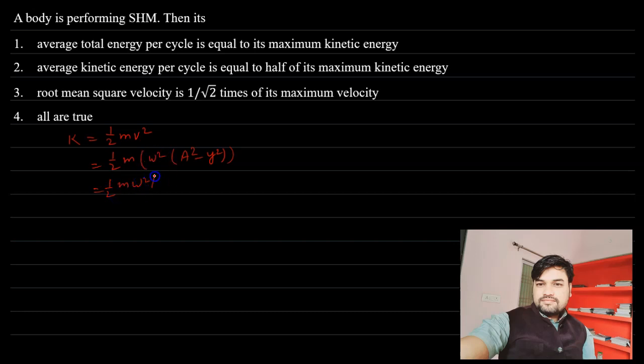Substituting y equals a cos omega t, half m omega square a square can be taken outside, and 1 minus cos square omega t is sin square omega t. This is the kinetic energy.